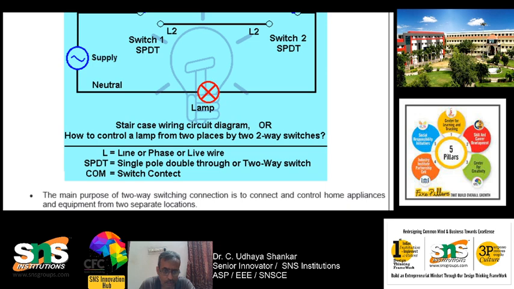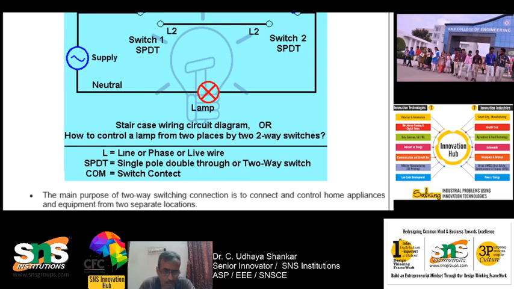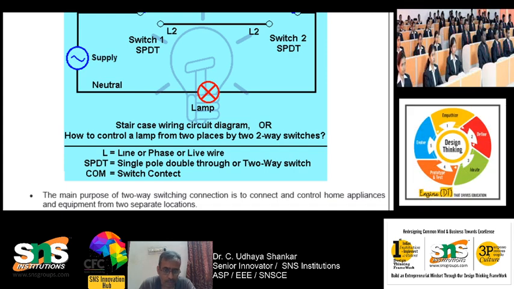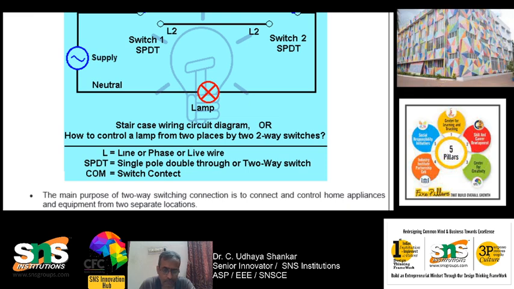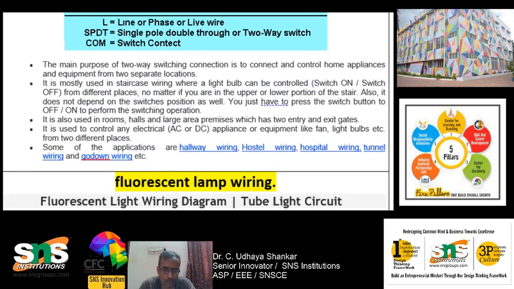It is used in rooms, halls, and large premises which have two entry and many exit places. It is used to control any electrical appliances or equipment like fans, light bulbs, etc. from two different locations. Some of the applications are hallway wiring, hostel wiring, hospital wiring, tunnel wiring, and also godown wiring, etc.